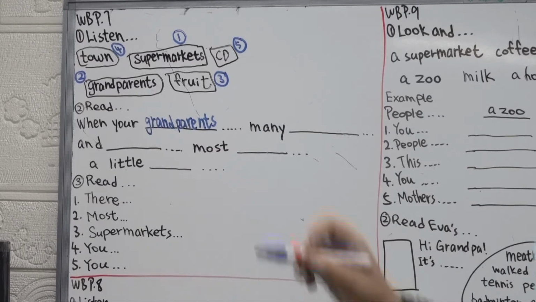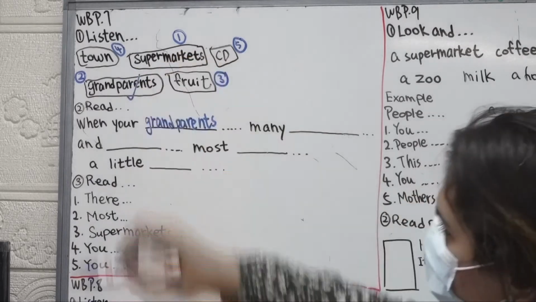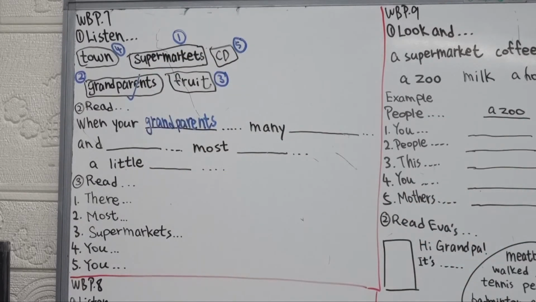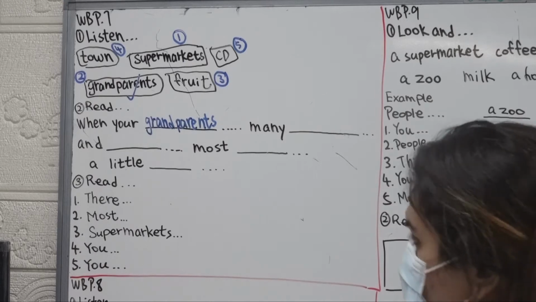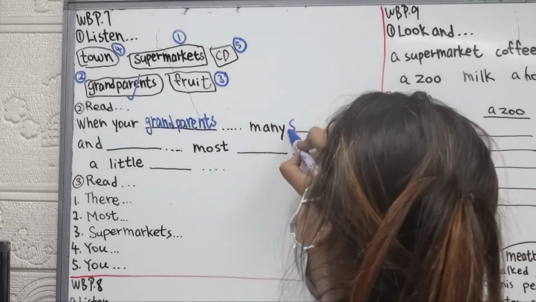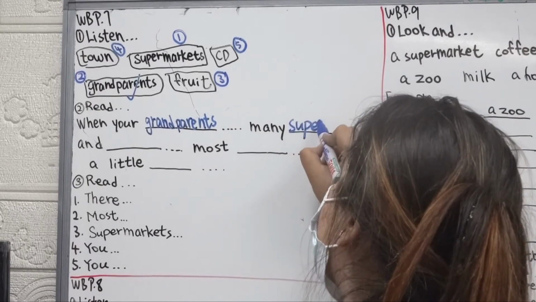So we are done with using grandparents, right? There weren't many town, supermarket, city, or fruit. The word weren't is used for more than one, right? So it can be town, it can be city, it can be fruit. The proper answer is supermarkets. Alright?